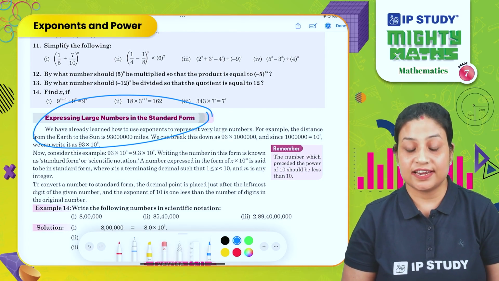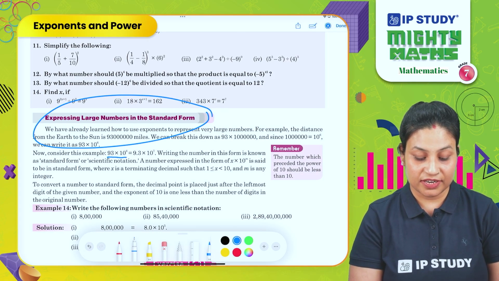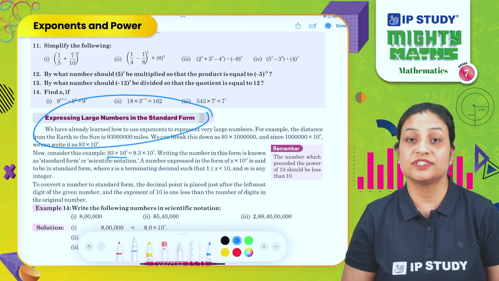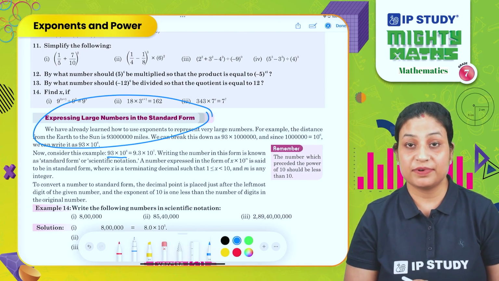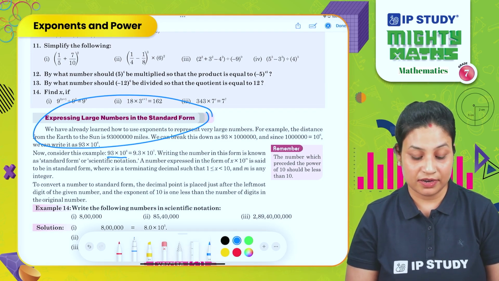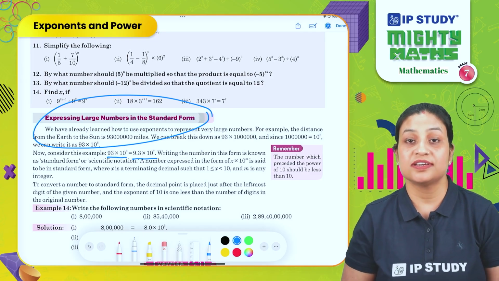So let's take an example over here. Suppose I have 93 into 10 raised to the power 6, using decimals that we have just finished in the previous session. Using decimal representation of the number, let me write this as 9.3 into 10 raised to the power 7.